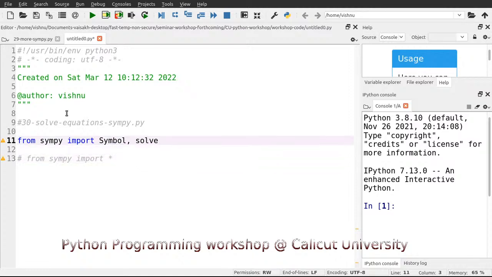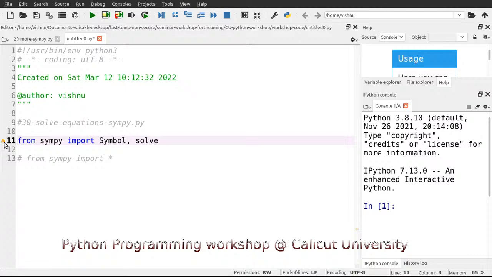So you should import only those modules, only those functions which are actually required for you. You should know exactly what you are importing and why. Even here we can see in Spyder there is a comment: symbol is imported but unused, solve is imported but unused. This will give you a hint that you are importing something you are not using, provided that you are importing using the names.